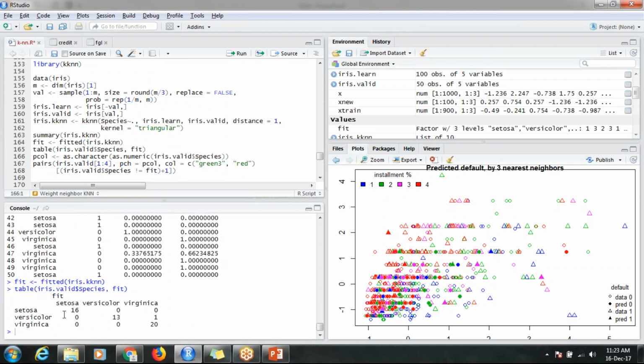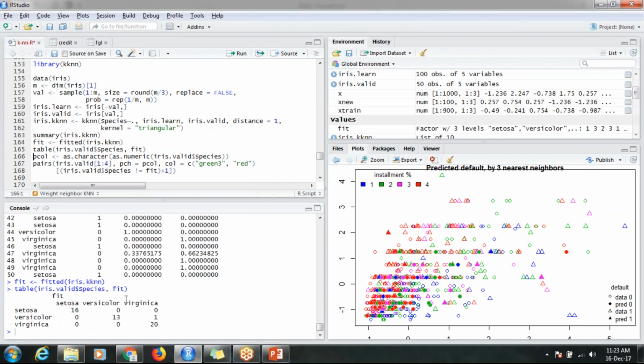So here I have my original versus my fitted, based on the distance weighted KNN. This is how it has been classified. So 16 has been correctly classified. Here is one misclassification, and here 20 are correctly classified. So I can say it is a good classification.